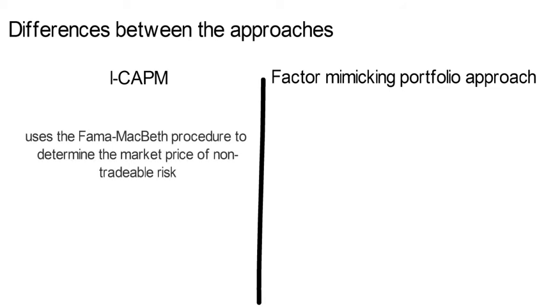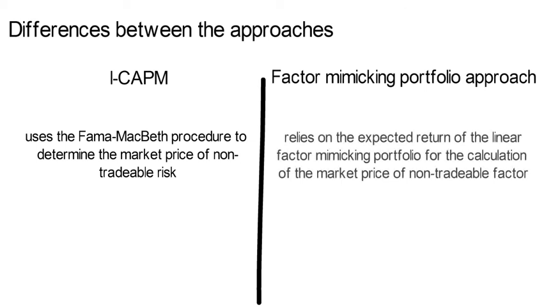The I-CAPM approach uses the Fama-Macbeth procedure to determine the market price of non-tradable risk, while the factor mimicking portfolio relies on the expected return of a linear factor mimicking portfolio. Another noteworthy difference is that the I-CAPM approach is grounded in economic theory. In contrast, the portfolio mimicking approach exploits correlations.